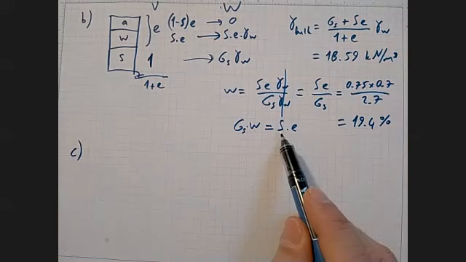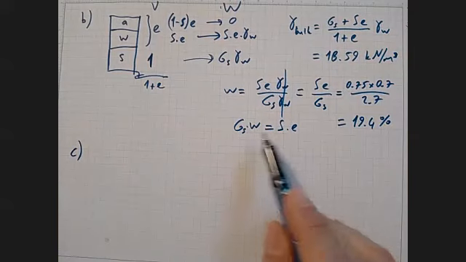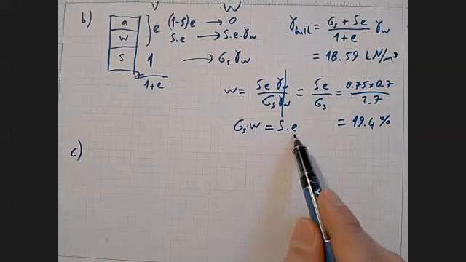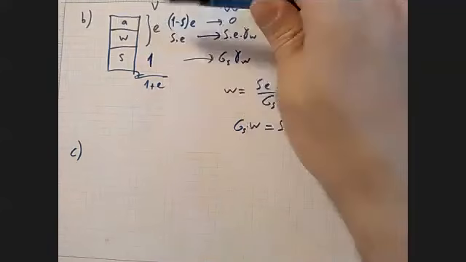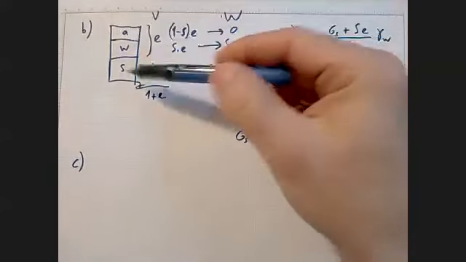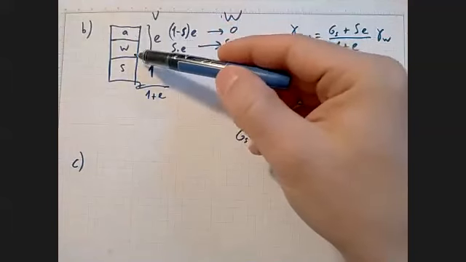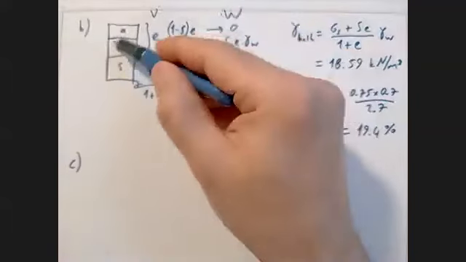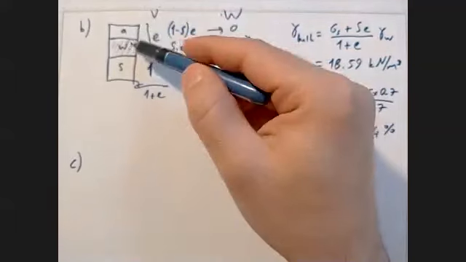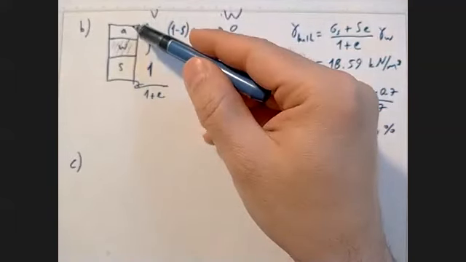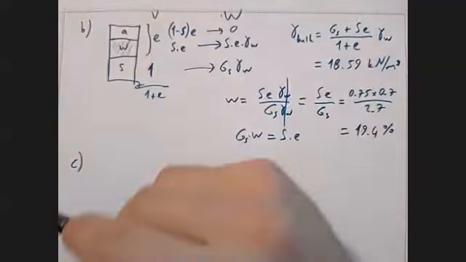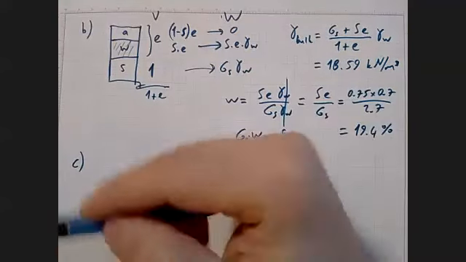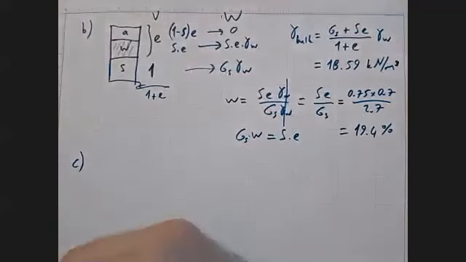If I want to increase the degree of saturation for the same water content, I need to reduce volume. I need to reduce voids. Or you can think of it in the phase diagram as well. If I keep this water content the same, how am I going to increase the degree of saturation? I need to reduce air.